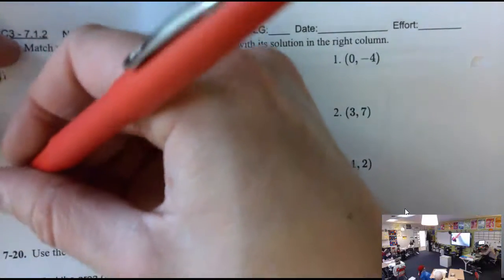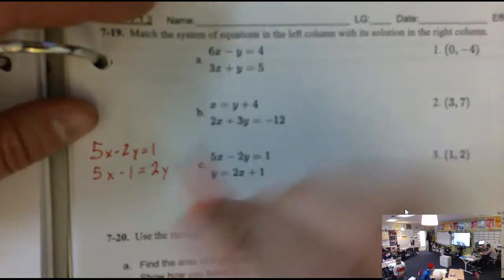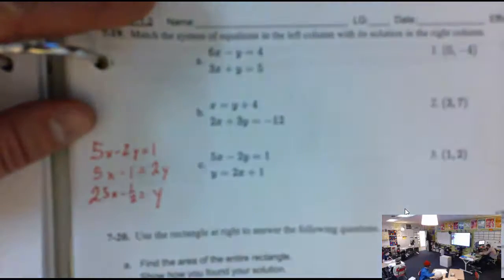I'm going to switch around the 1 and the 2y first. I would add 2y to both sides and subtract 1 from both sides. So then I can just divide by 2 and say y is equal to 2.5x minus 1/2.